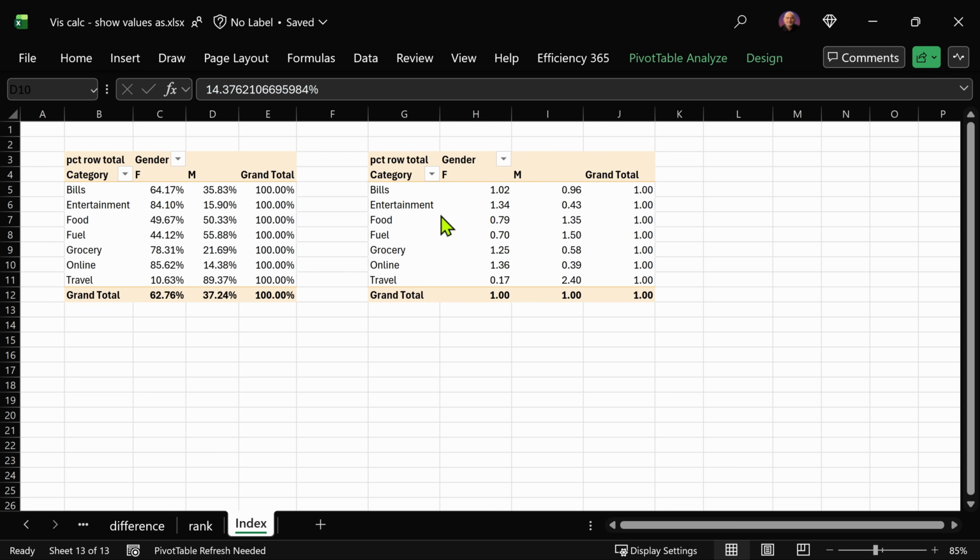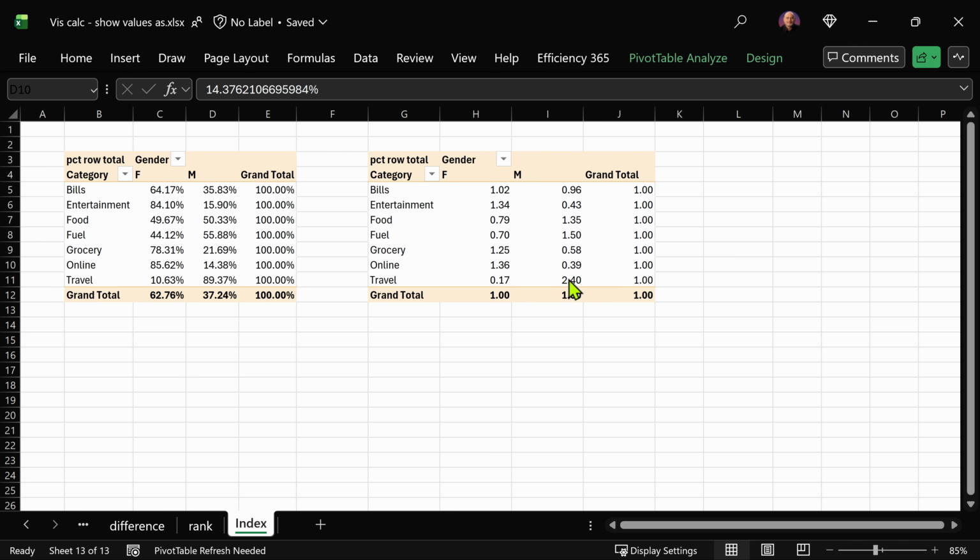But look at entertainment. Females are more likely to spend on entertainment and males much less. Food is reverse. Males are spending more. Propensity is higher. So if you look at this, you can actually decide if I want to do a food related campaign, I should focus on the male segment more, and so on.